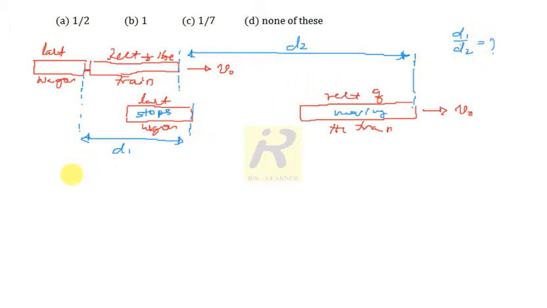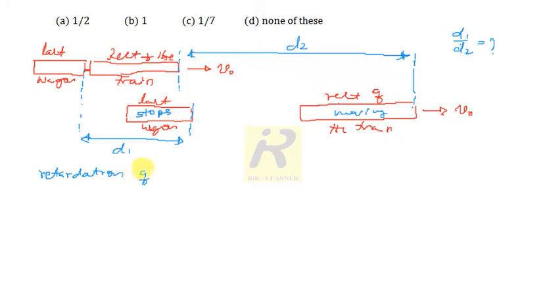So how to do that? I simply assume the last wagon has a constant retardation a.